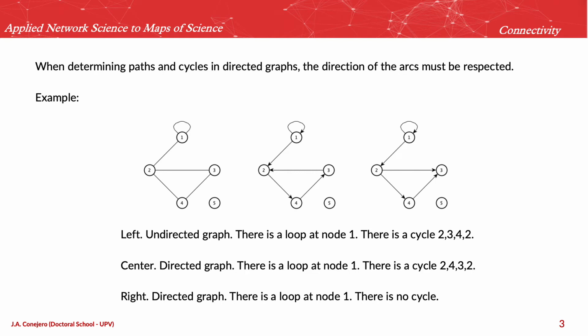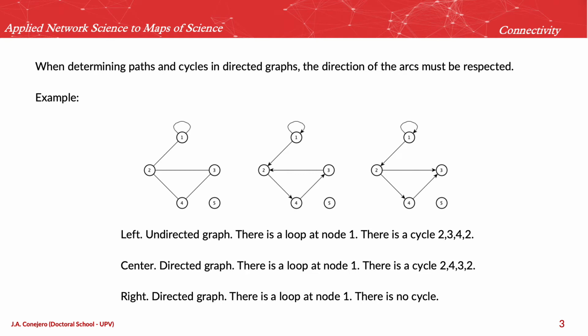So we have three different examples, in which we have one undirected graph and two directed graphs. In the first one, on the left, an undirected graph, we see that there is a loop at node 1 because it's connected with itself, and there is a cycle connecting nodes 2, 3, 4, and 2. This cycle can be 3, 4, 2, 3, or we can also consider another sequence of nodes.